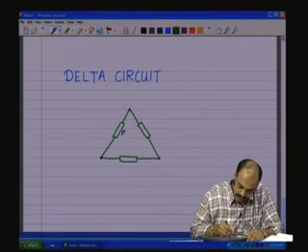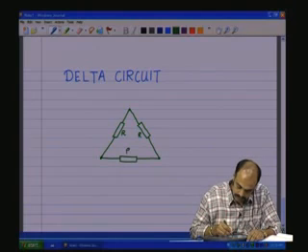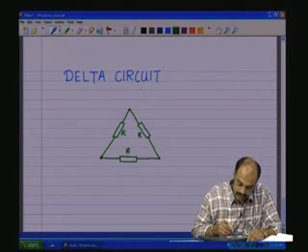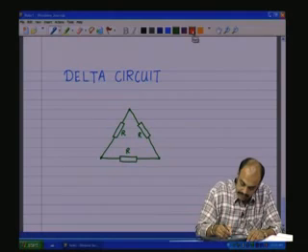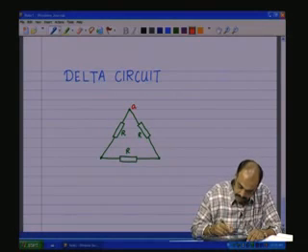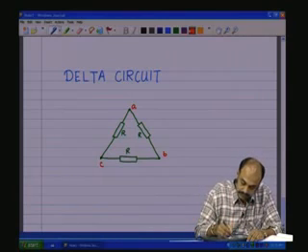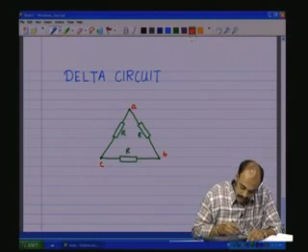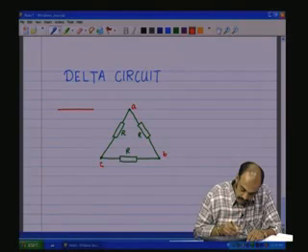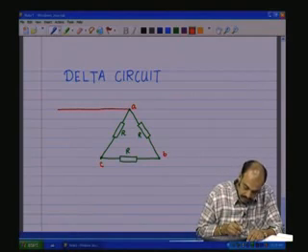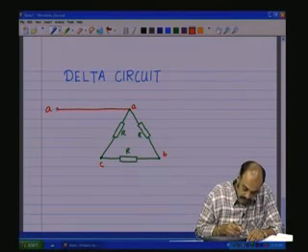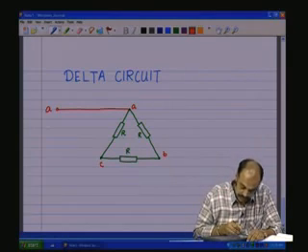It has of course 3 R's, 3 loads, okay. And let us say we have the A terminal, the B terminal and the C terminal. And let us connect the A terminal to the A line of the source.